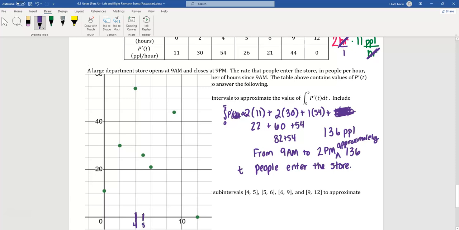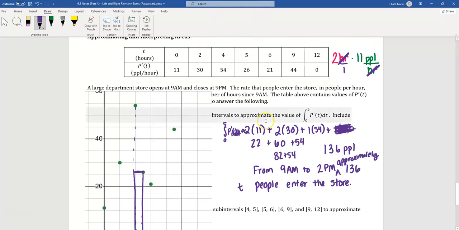I want my right endpoint to be on the graph, so think about going up there. I've got to draw a line right here. Here's my rectangle. It's not the tall, skinny rectangle that we had with the left Riemann sum. It's a little bit shorter, still skinny though.